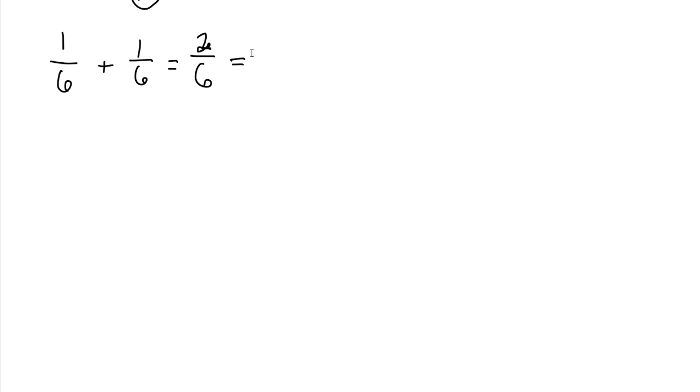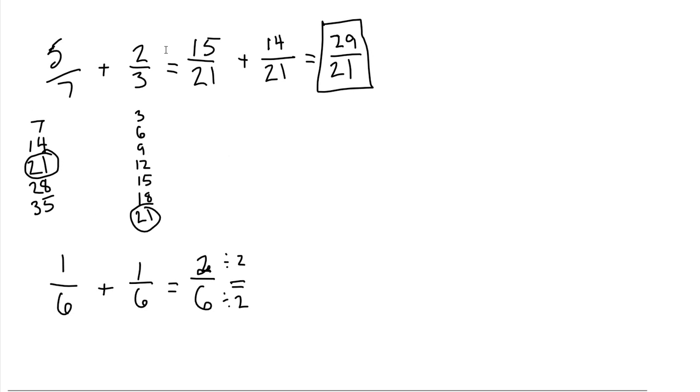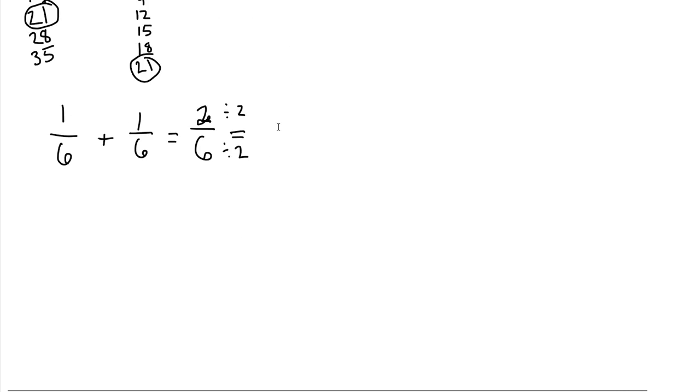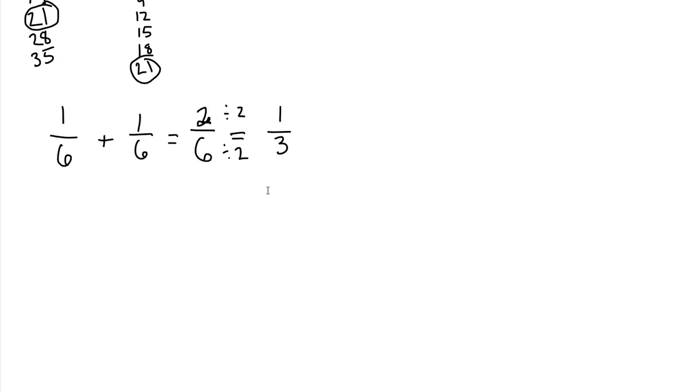So we have 2/6. Anytime we can divide numbers out of the top and out of the bottom at the same time, just like before when we multiplied numbers by the top and by the bottom, now we want to be able to divide them out because we want what's called the simplest form of this expression.